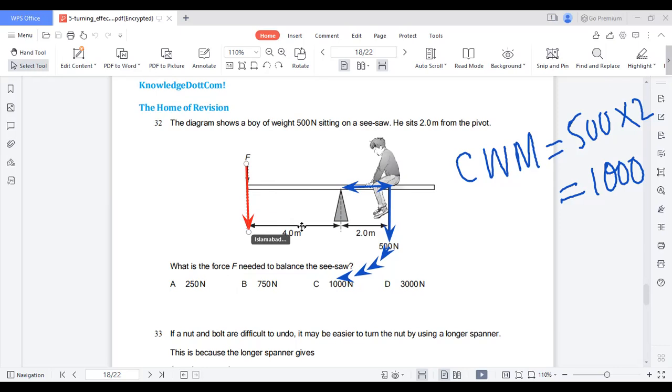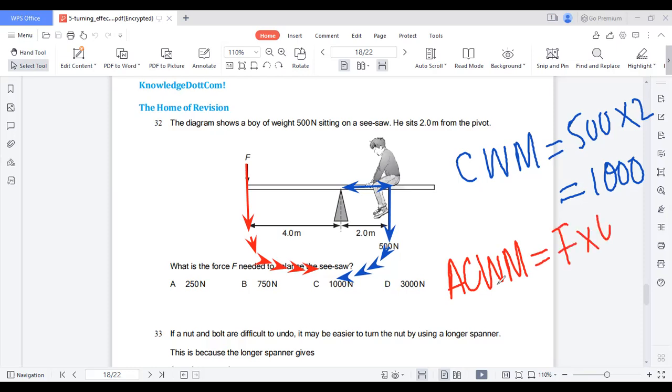To balance the seesaw, this force will create an anti-clockwise movement. So force times perpendicular distance 4.